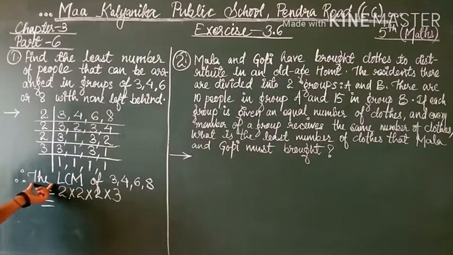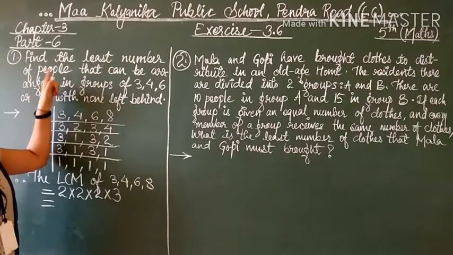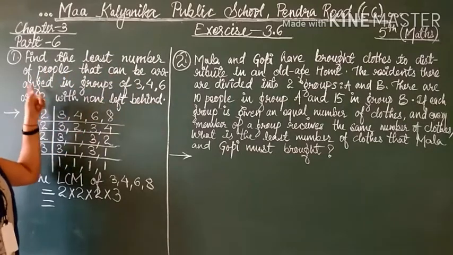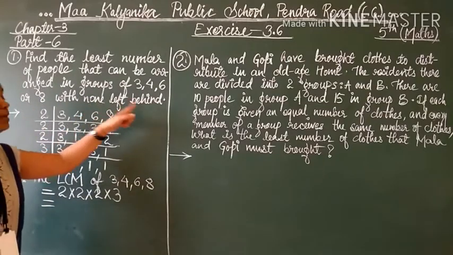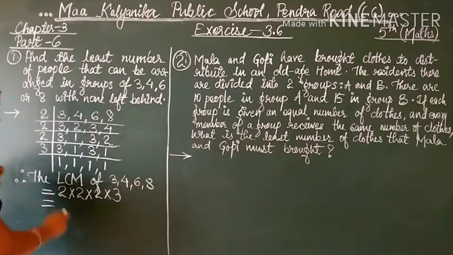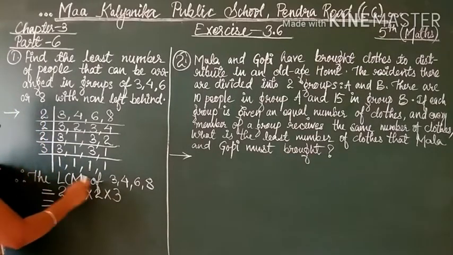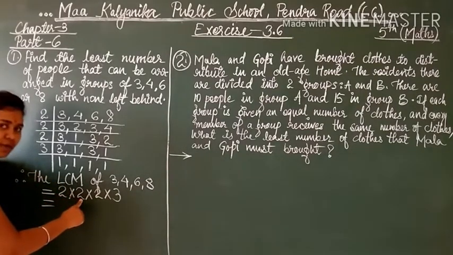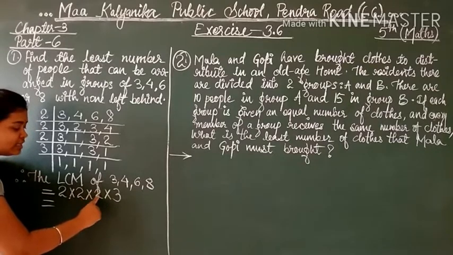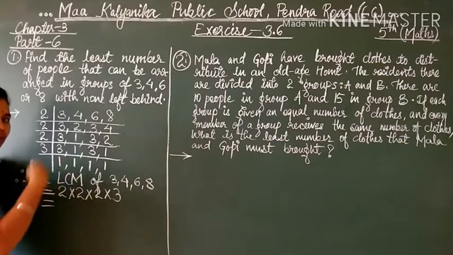Instead of writing the LCM of, you can also write the least number of people that can be arranged in groups of 3, 4 or 6 with none left behind is equal to 2 into 2 into 2 into 3. So I am writing directly here: 2 2's are 4 and 4 2's are 8. After getting the products, we have to multiply that number with the next.